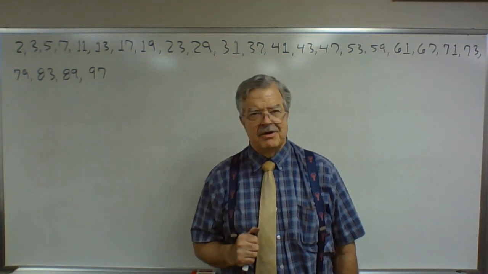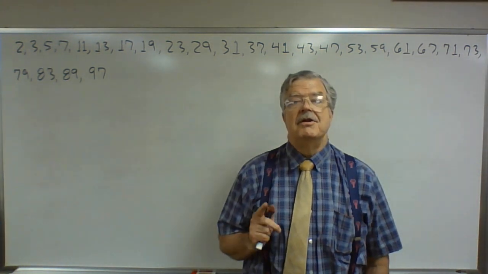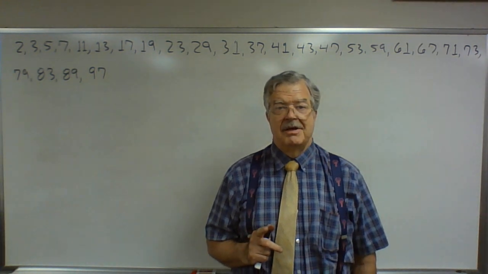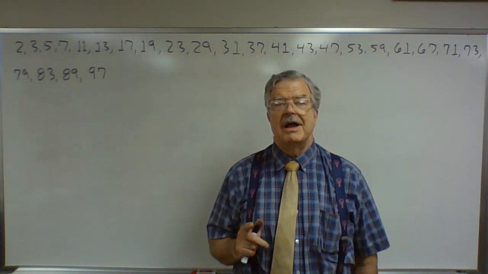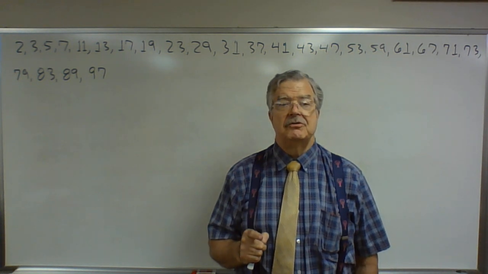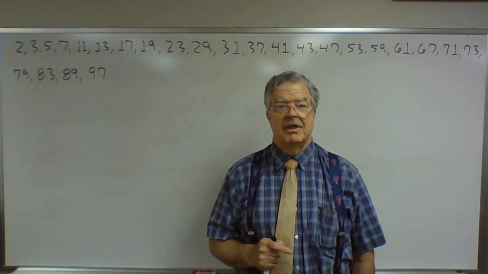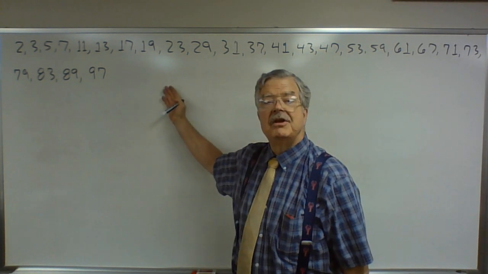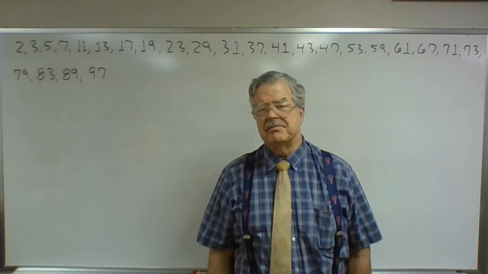Remember, we had a theorem that said if a number is composite, then it has a prime factor less than or equal to its own square root. We've got all the primes here that are less than 100.